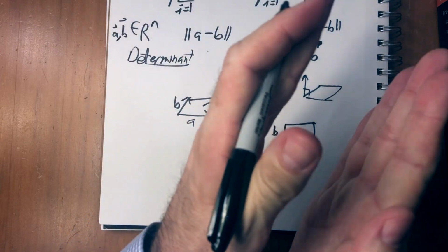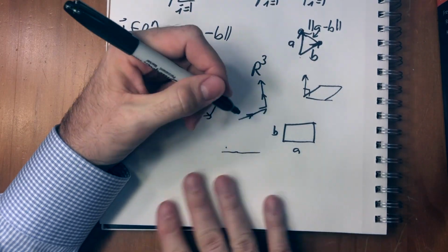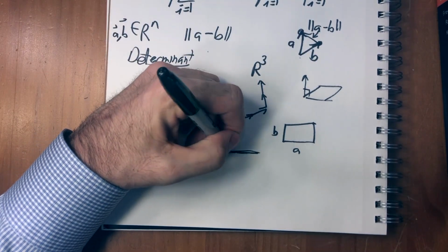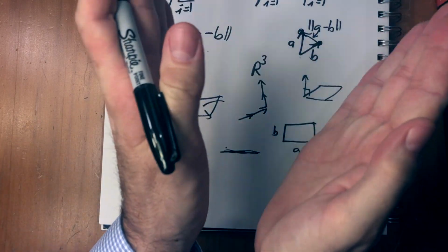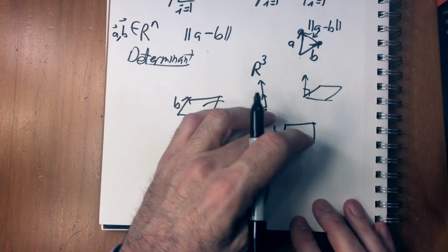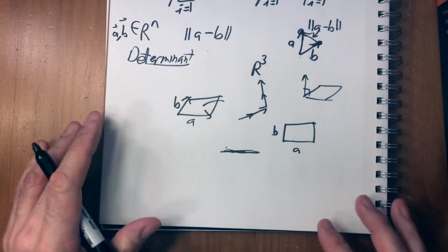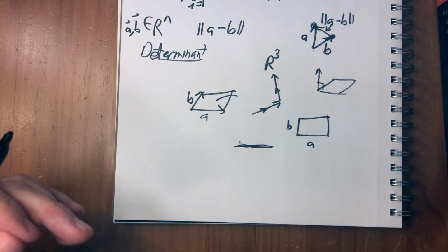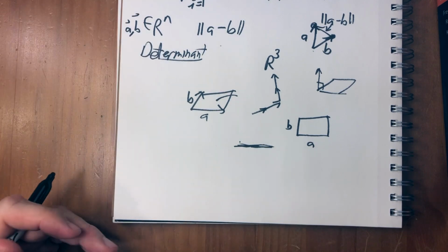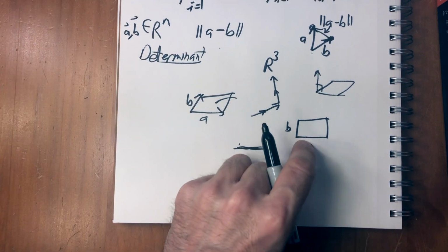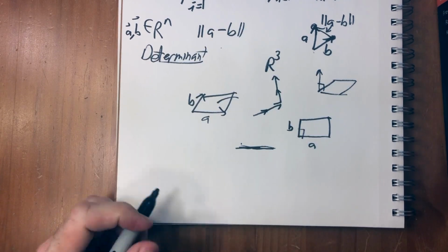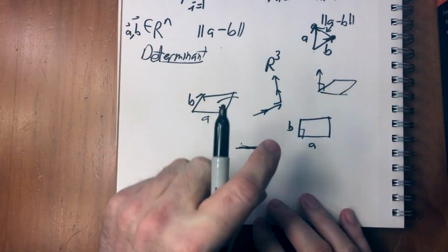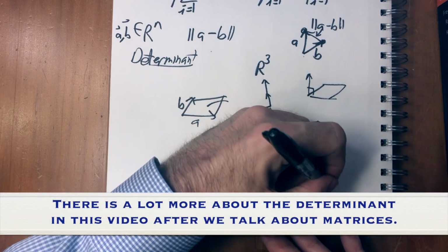But if they're parallel, then they would collapse on each other, and the determinant would be 0 because there's no area between them. And then anything less than perpendicular is something less than the area of the rectangle. That's the determinant. So remember that when one is at its maximum, the other is 0. When the determinant is at its maximum, the dot product is 0 because these are perpendicular. When the dot product is at its maximum, the determinant is 0. Okay.